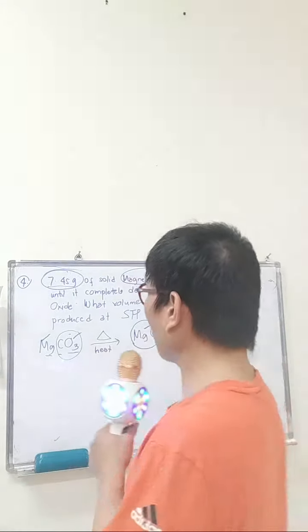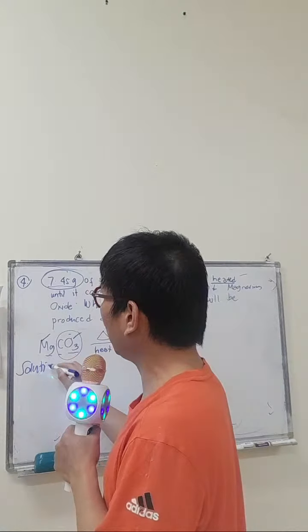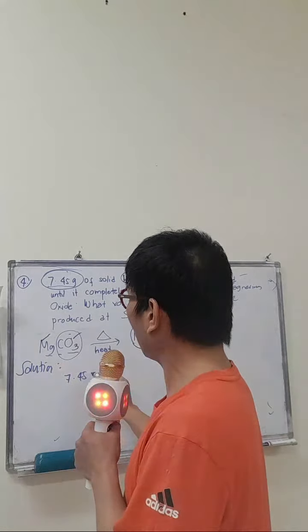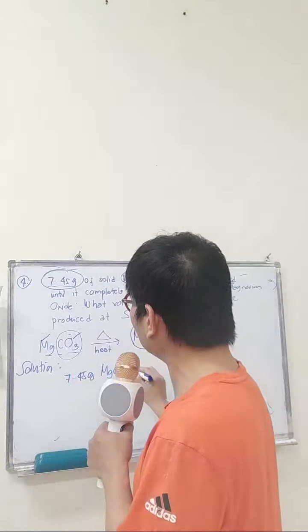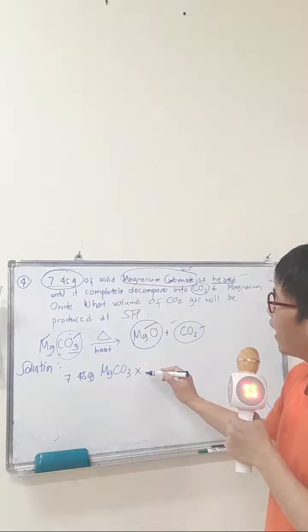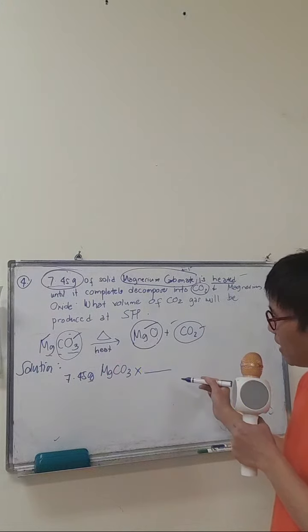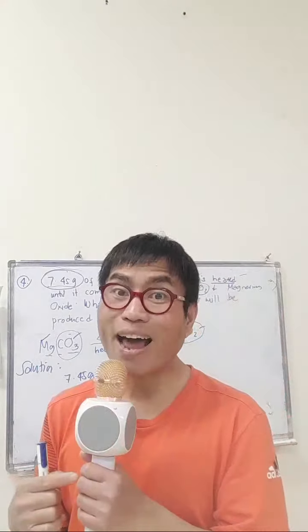Now, solution proper. So 7.45 grams of solid magnesium carbonate. Now, there's a gram, so multiply by a gram in the denominator of magnesium carbonate so that it will cancel. How can you do that? By considering the molar mass always.